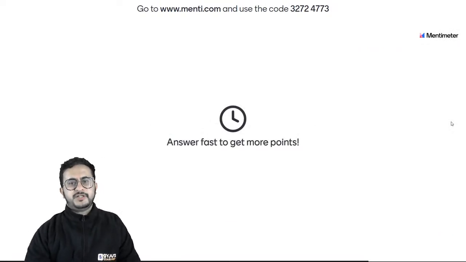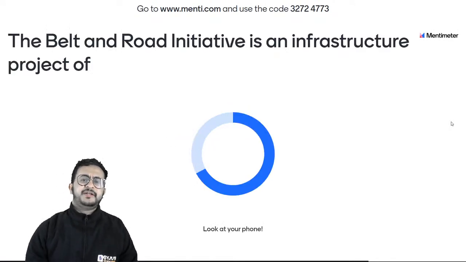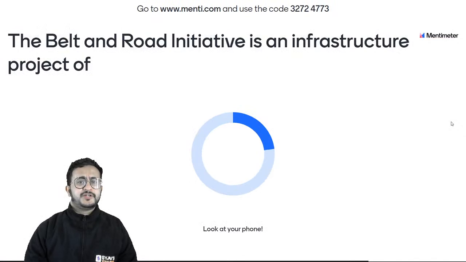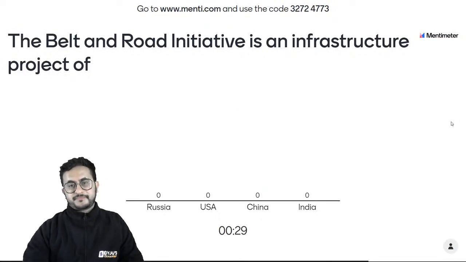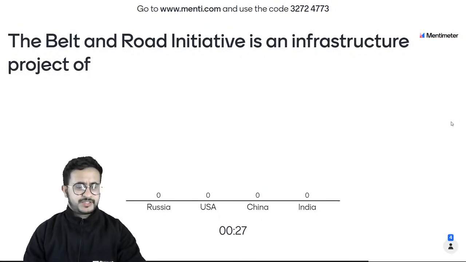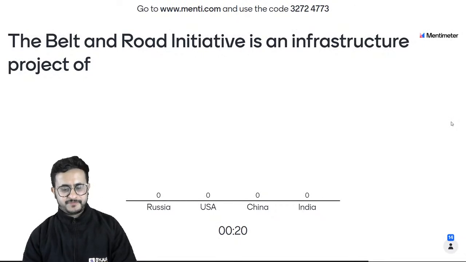Okay, question number 32. The Belt and Road Initiative is an infrastructure project of which country? Russia, US, China, or India? Belt and Road Initiative.